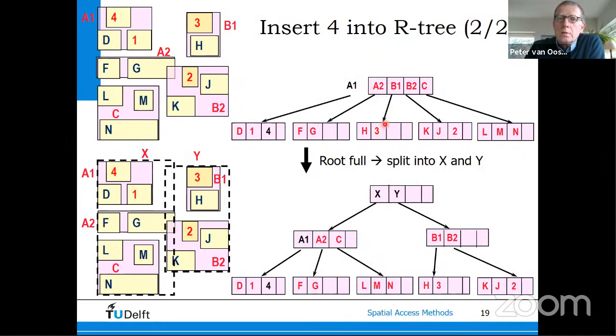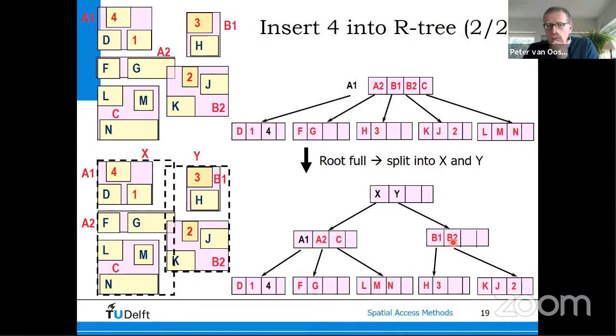So now the root node is split into 2 root nodes, into X and Y. And X gets 3 children, A1, A2, and C. And Y gets B1 and B2 in its children.